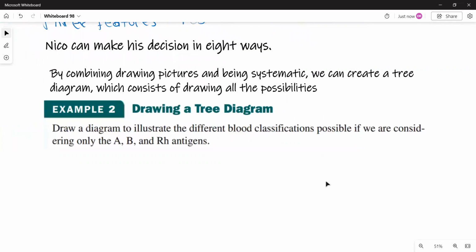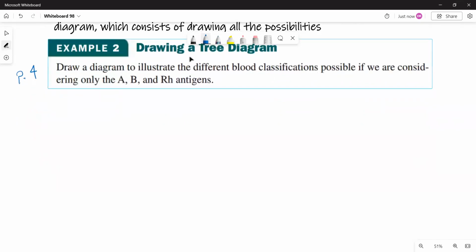So this is on page 4. Draw a diagram to illustrate the different blood classifications possible if we're considering only the A, B, and RH antigens. Okay, so all the possible blood types with these antigens.